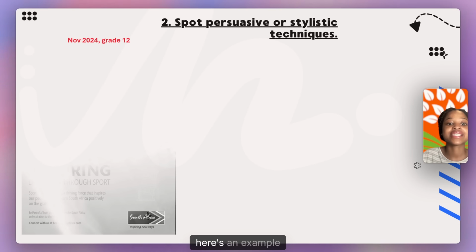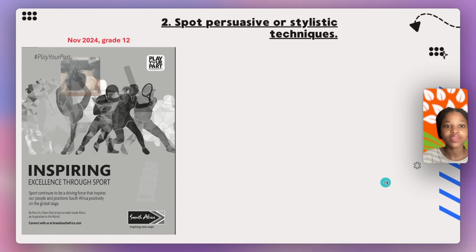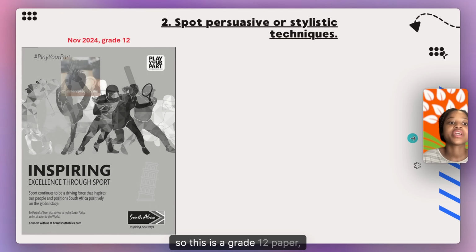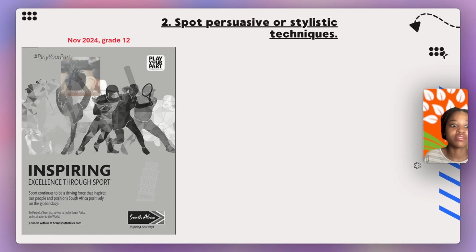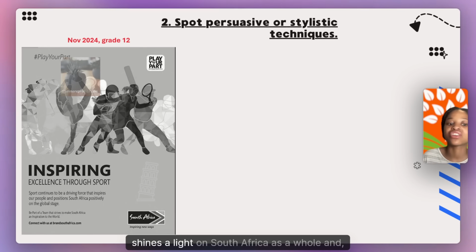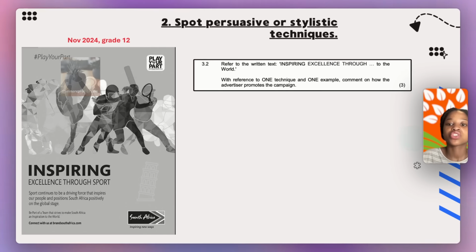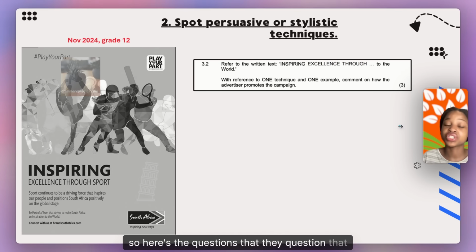So, here's an example. This is a grade 12 paper, November 2024. This was an ad about educating people on sports and how it shines a light on South Africa as a whole and positions South Africa positively on the global stage. So here's the question that they asked.